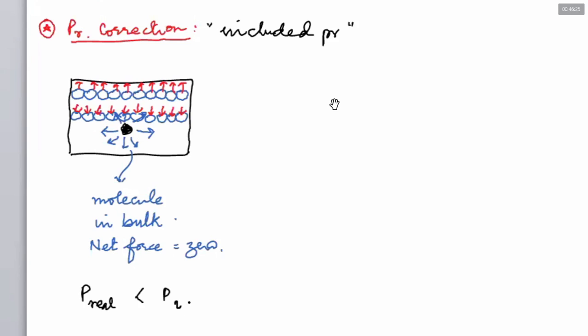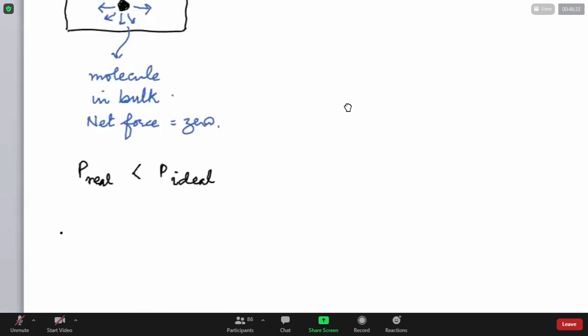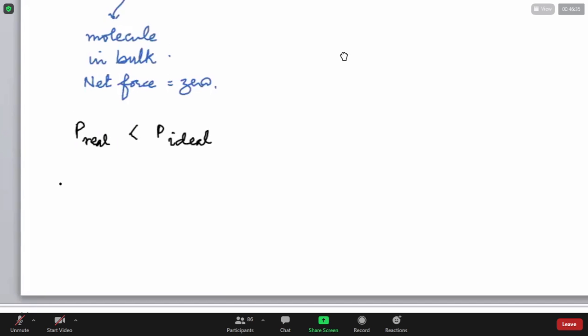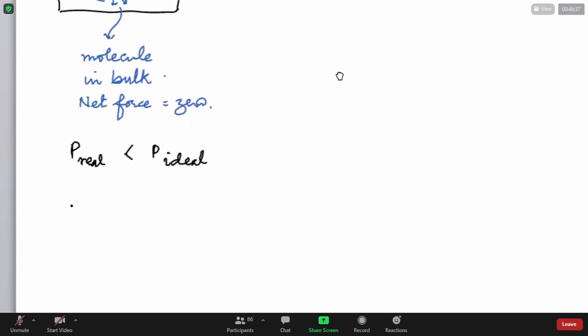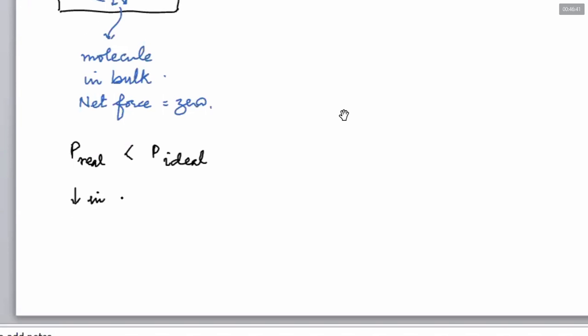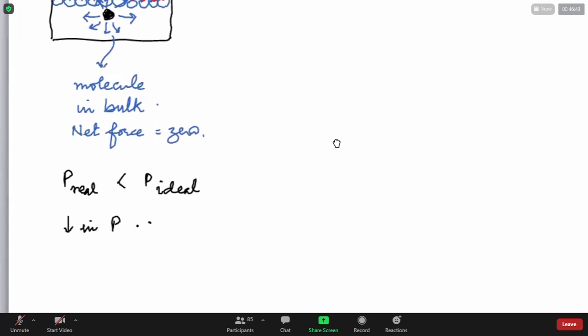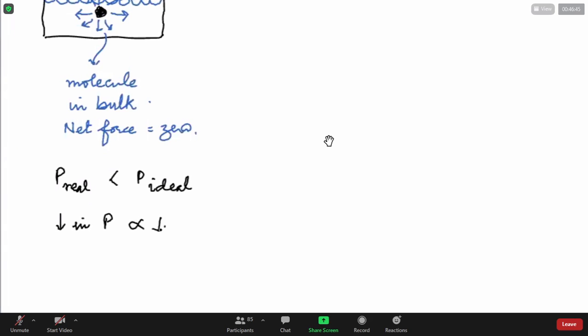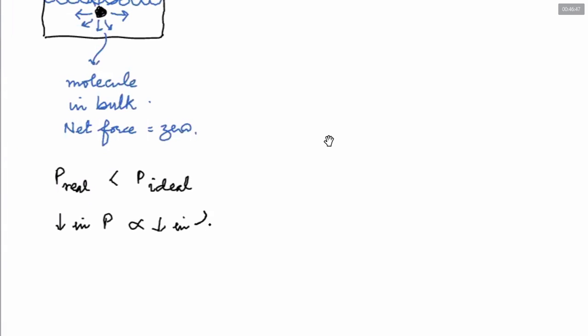For that purpose, P, we had to add something, included. What do you have to add? What is decreased, that much you have to add. What is decreased? Come on. Decrease in pressure is directly proportional to decrease in force.